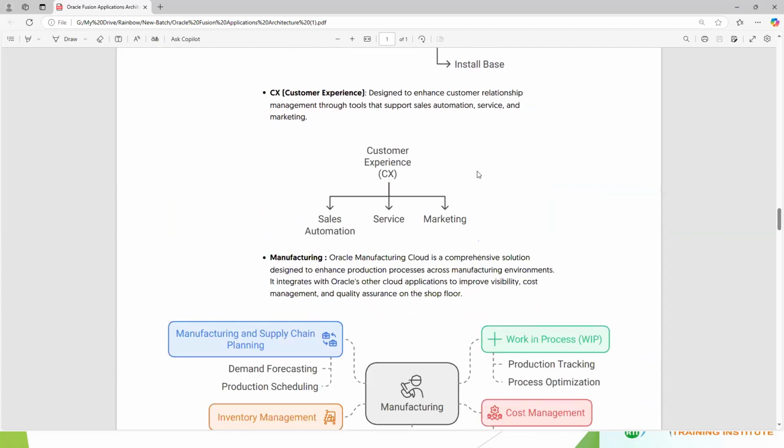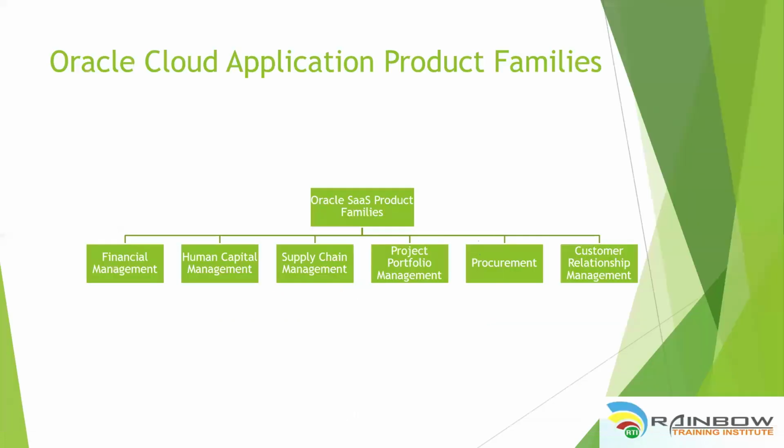Within the customer side, all your sales, all your services, all your marketing campaigns, everything falls under the CRM. So in a nutshell, Oracle Fusion Applications offers a complete suite of products across different verticals, which can fit almost all kinds of business needs.